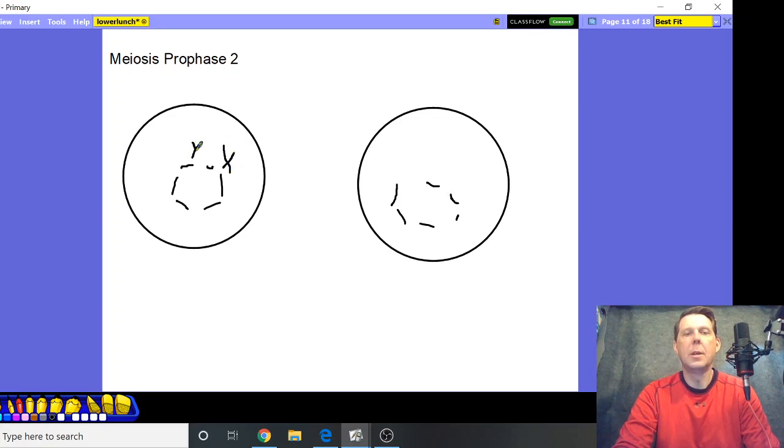They're full X's because in meiosis, the first time around, they got separated from their homologous pair, and their homologous pairs are over here. And what else is happening? We know that the centrioles are forming at the poles, and we know spindle fibers are forming.